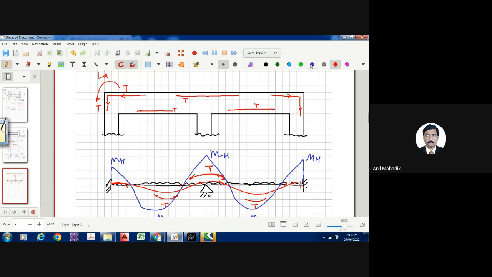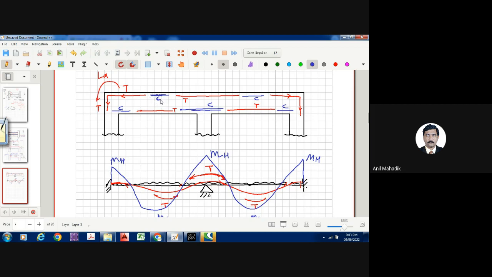And what is happening here? Here there is tension, and at the top, what will be here? Compression. Yes or no? Here there will be compression. See here. Got it? Now in RCC structure, actually we are not putting compression reinforcement most of the times.